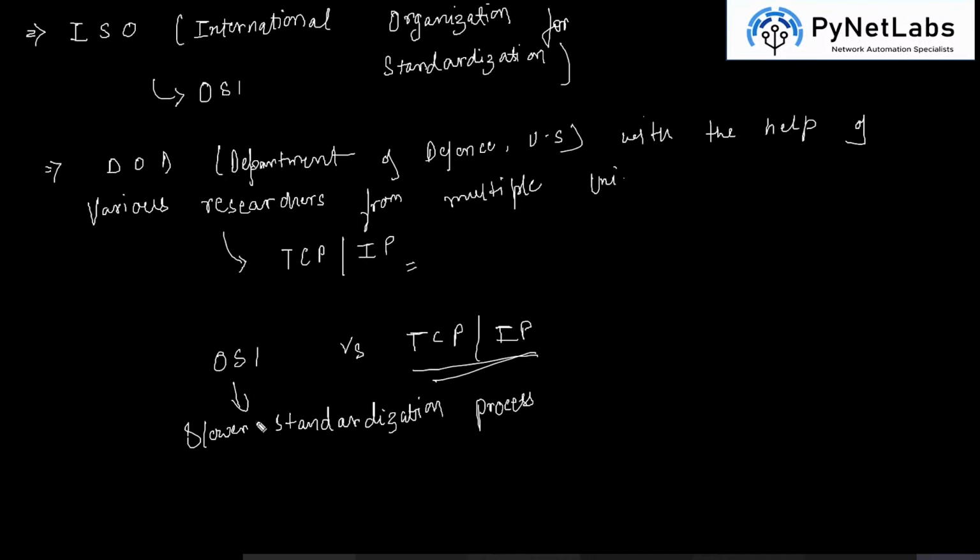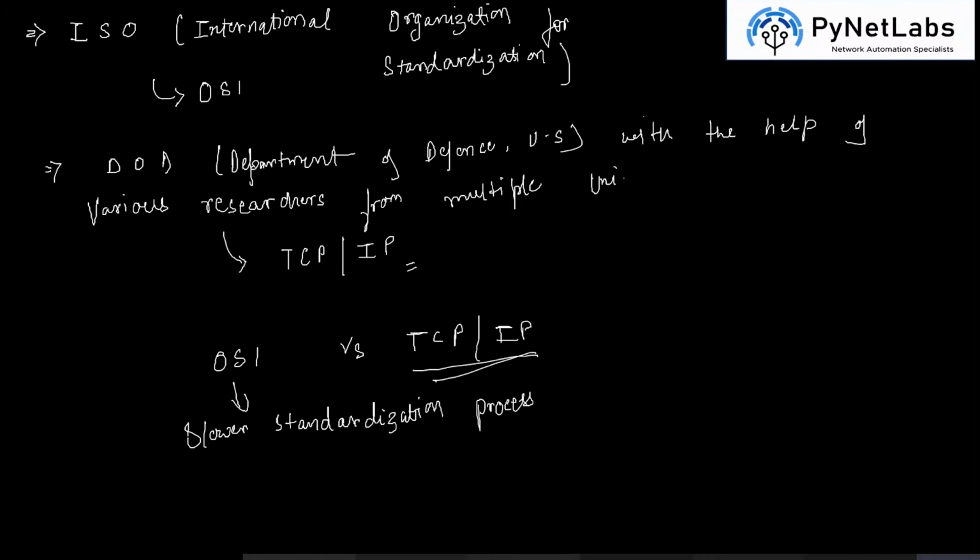Until now, we all are connected over TCP/IP. Again, I am repeating, TCP/IP stands for Transmission Control Protocol and was developed by the Department of Defense. And OSI, which was developed by the International Organization for Standardization, stands for open system interconnection. So is it clear till now?